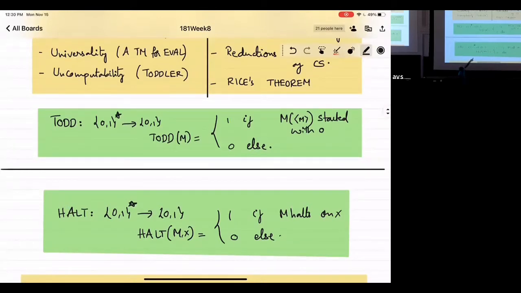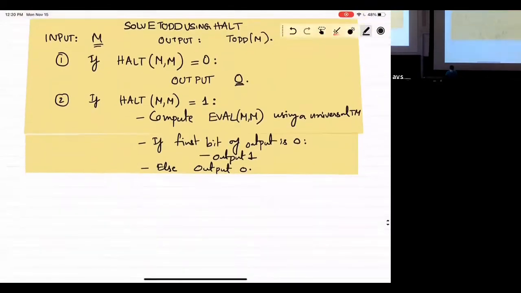If M comma M halts and starts with 0, then we output 1. In all other cases, we just output 0. So in particular, when it doesn't halt, you have to output 0. The definition says the answer is 0 in that case. Okay? Any other questions?